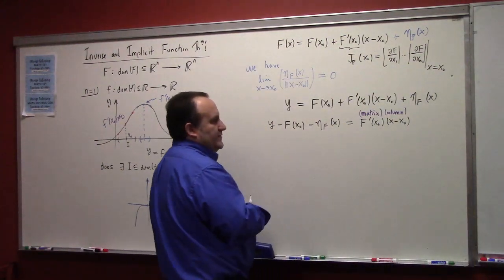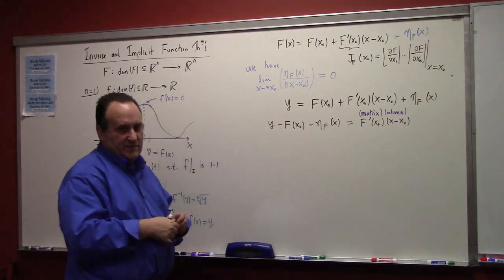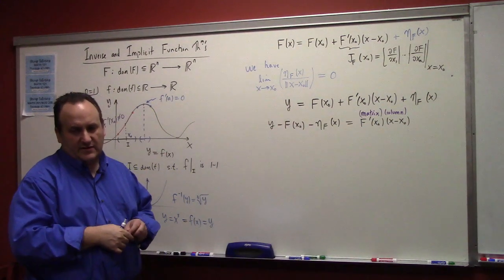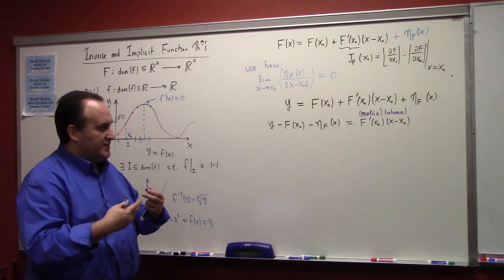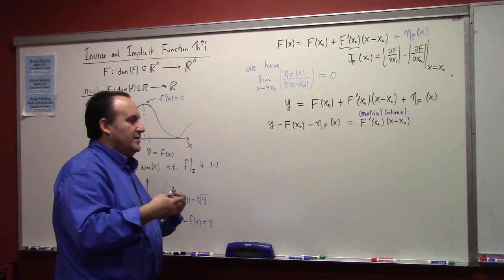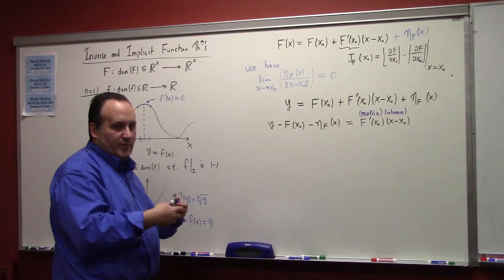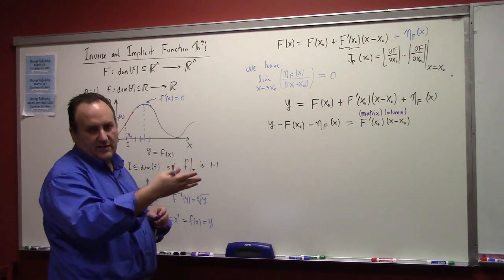By similar reasoning here, if I assume that this is an invertible matrix, and I assume continuous differentiability of the map, it stands to reason that the Jacobian matrix of the map is invertible near the point. Anyway, we're just going to use that.